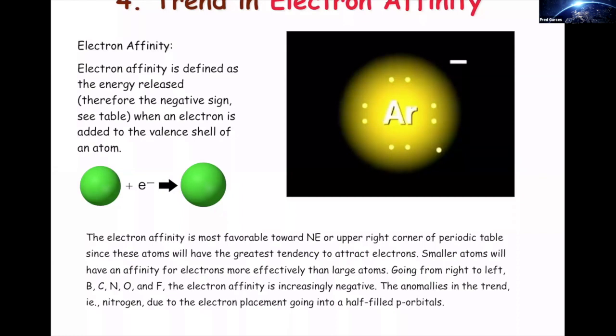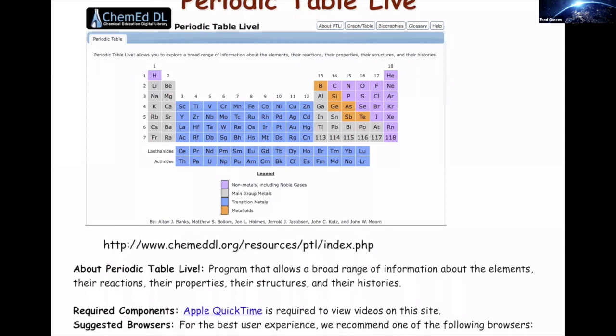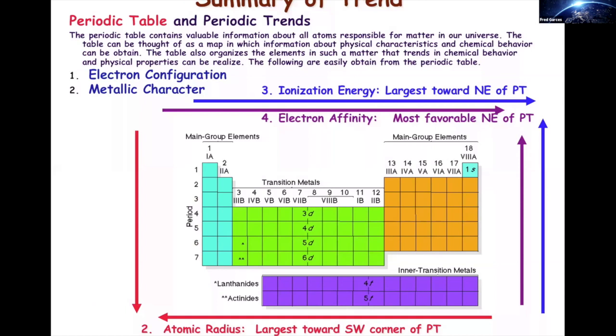Okay, so the rest here just gives you resource. This particular slide gives you a very good summary of what we just talked about. The trends on the periodic table, from left to right, generally it increases. I always say generally because there are always exceptions. Okay, ionization increase. Left to right, it's more favorable towards the right. Those elements want to gain electrons to a greater degree than elements to the left.